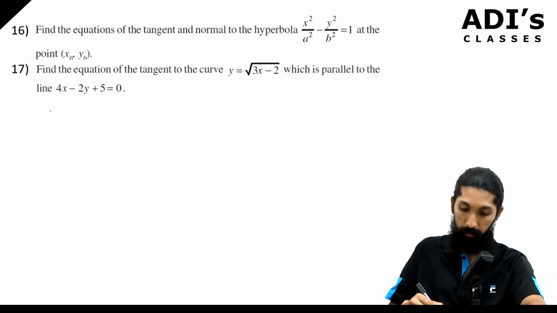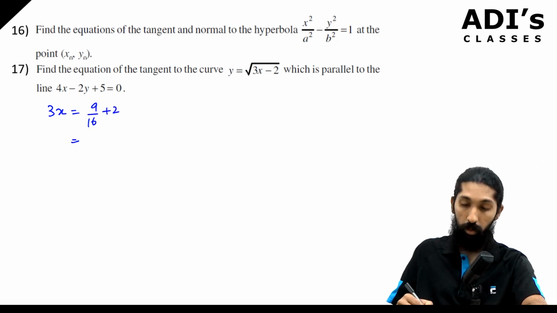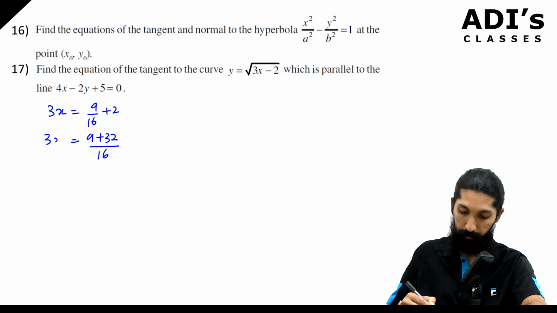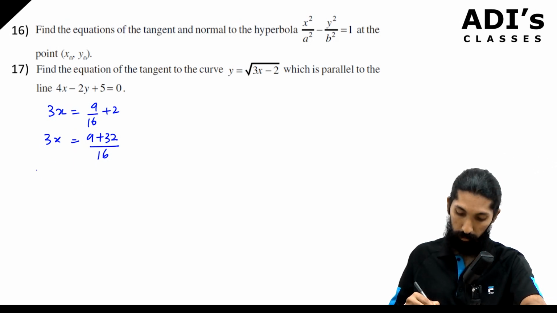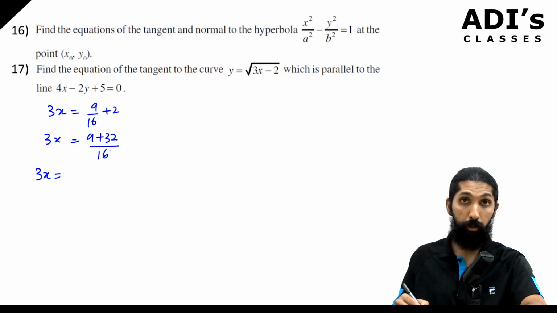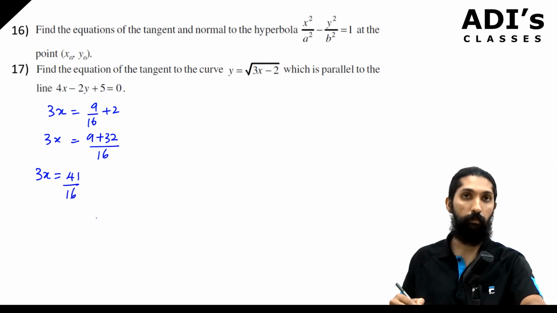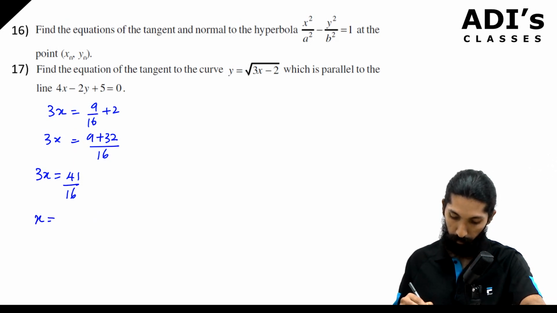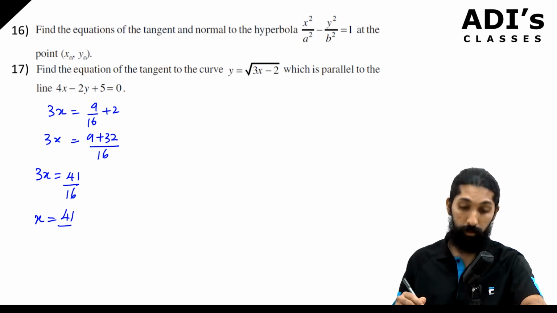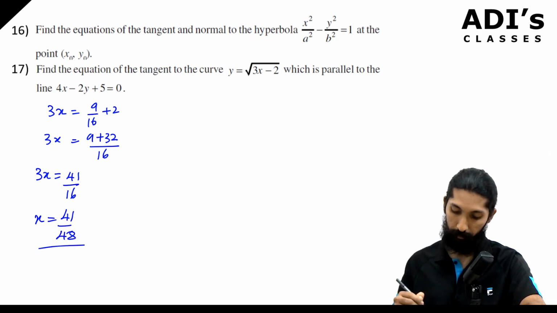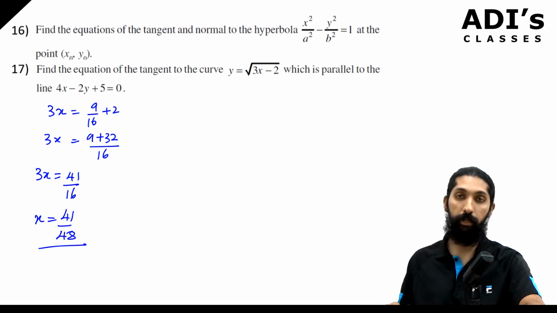You get 3x is equal to 9 by 16 plus 2, or 9 plus 32 divided by 16. So 3x is equal to 41 by 16. Now 41 is a prime number, so x is equal to 41 by 16 into 3, which is 48. The x value is 41 by 48.